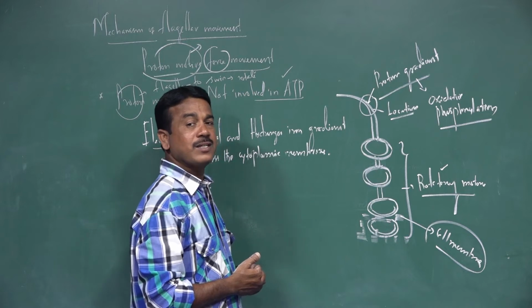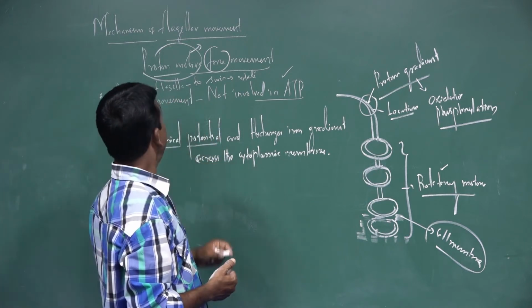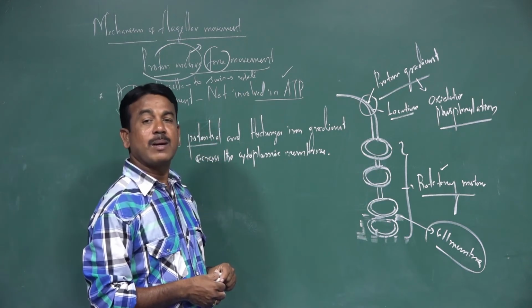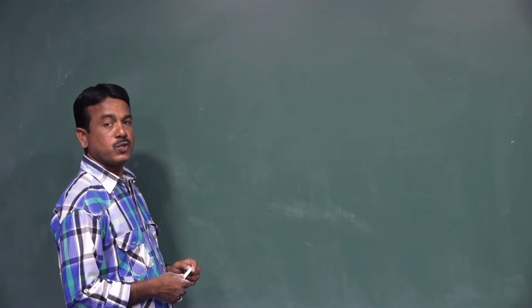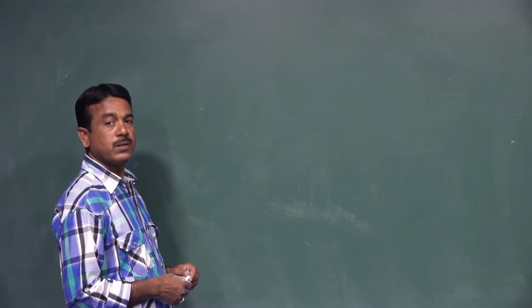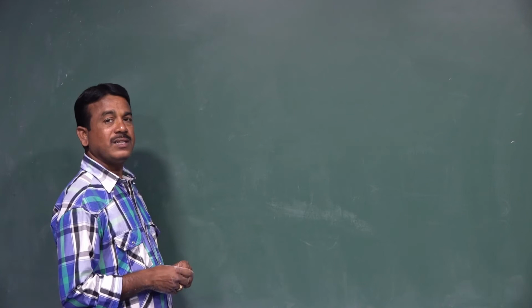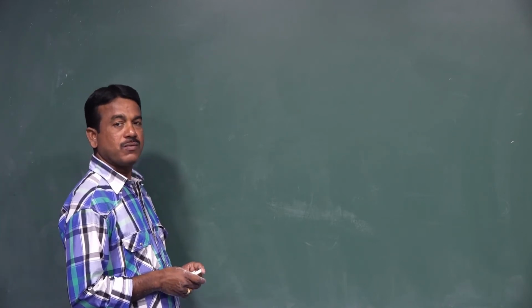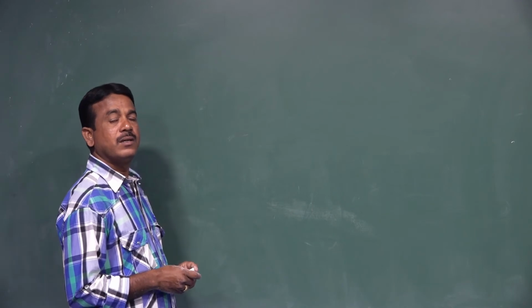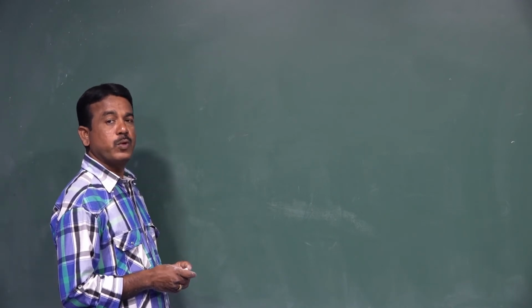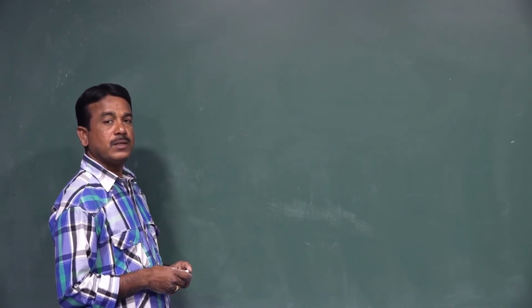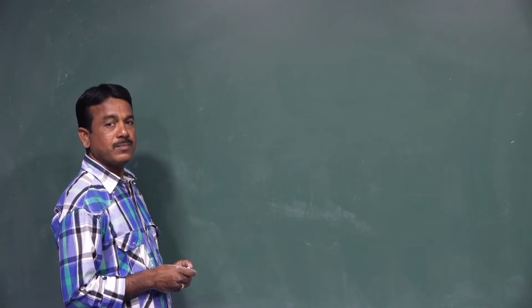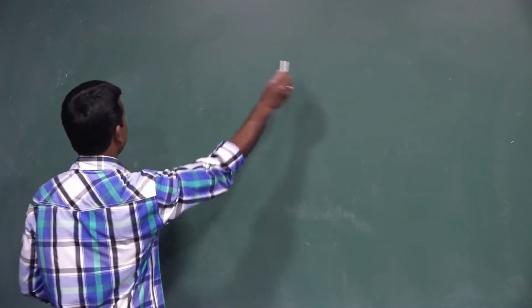Those are the things commonly called the mechanism of flagellar movement. Earlier in this class we discussed the prokaryotic flagellum, the structure of flagella in bacteria, and the mechanism. Now the topic under discussion is the eukaryotic flagellum.